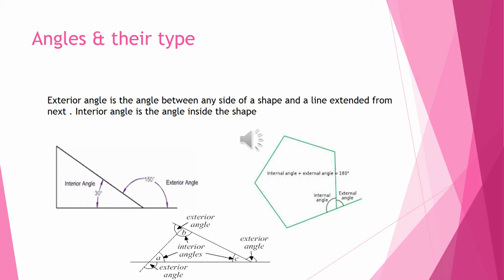An exterior angle is the angle between any side of a shape and a line extended from the next. An interior angle is the angle inside the shape. Look below for more examples, as they demonstrate what an exterior and interior angle is in the form of a diagram.